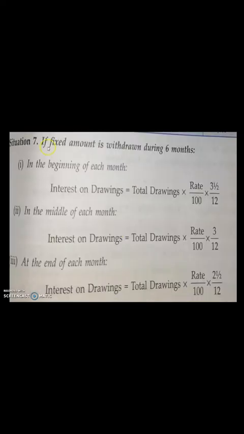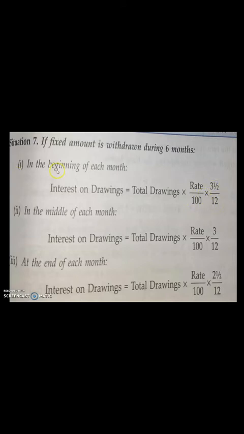The next is if fixed amount is withdrawn during 6 months. Okay, in 6 months, that is in a year 2 times the withdrawal is taking place. So what you will do? In the beginning of each month, what is the formula? Total drawing into rate by 100. Rate will be given to you into 3.5 divided by 12.